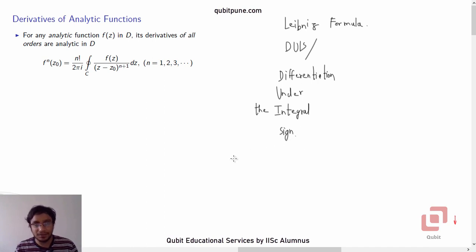So let us accept this formula without proof. This is what the formula has to say, and this is one of the ways to find the derivatives of analytic functions.